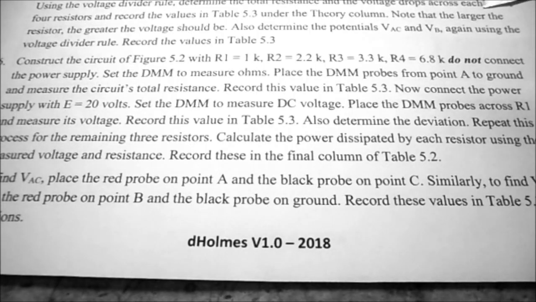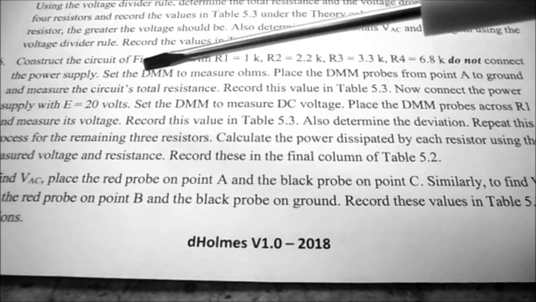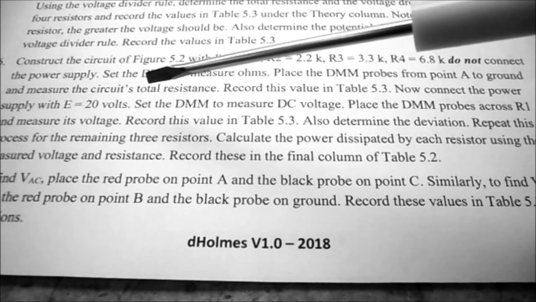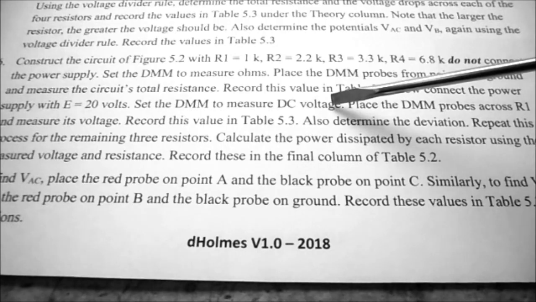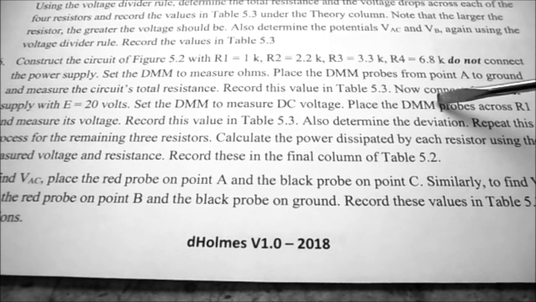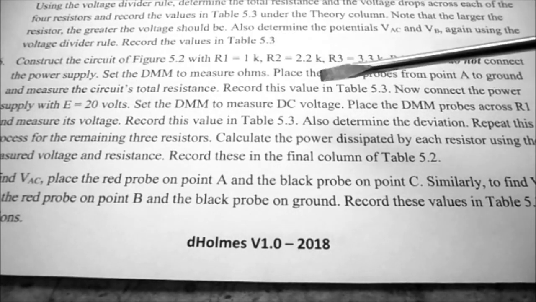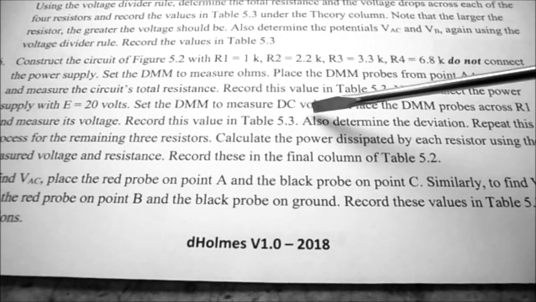So under step 6 of procedure, we're now going to connect the power supply with E equal to 20 volts, set the DMM to measure DC voltage. We're going to place the DMM probes across R1 and measure its voltage, and we're going to record this in table 5.3.